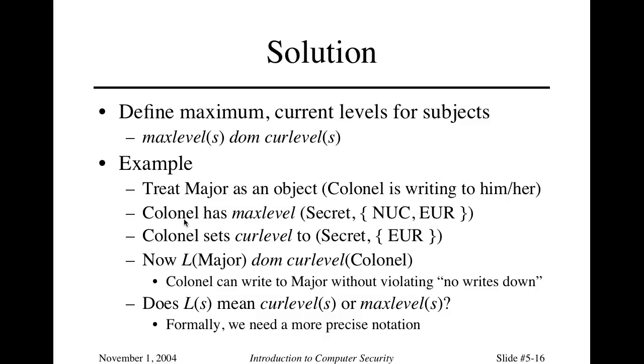If Kernel can lower his or her level to a lower level, then they are at the same level as the major, so they don't have a problem to communicate. That's the solution: temporarily lower one person's security level.